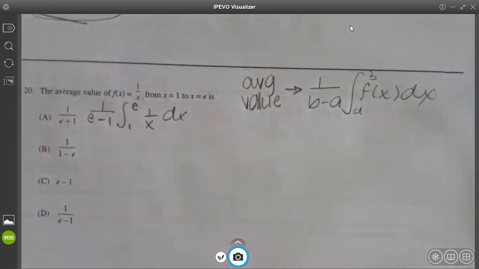How do we know to put e first? What is e? Do y'all know what the value of e is? It is bigger than 1. It is like 2.8 or something like that, 2.18. Whatever, doesn't matter.